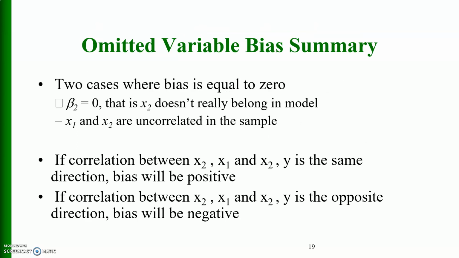Two cases where bias is equal to 0: beta 2 is equal to 0, that is x2 doesn't really belong in the model; or X1 and X2 are uncorrelated in the sample. If correlation between X1 and X2 and correlation between X2 and Y are in the same direction, bias will be positive. If correlation between X1 and X2 and correlation between X2 and Y are in the opposite direction, bias will be negative.